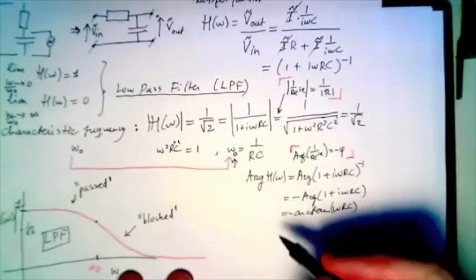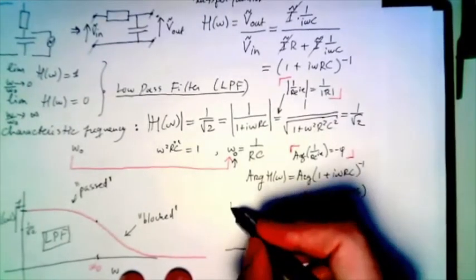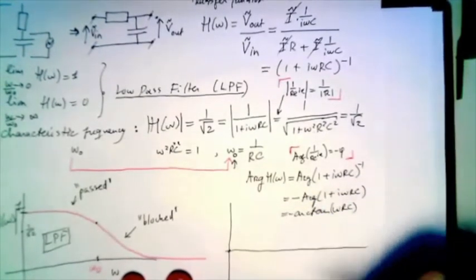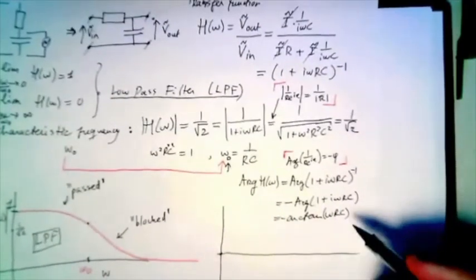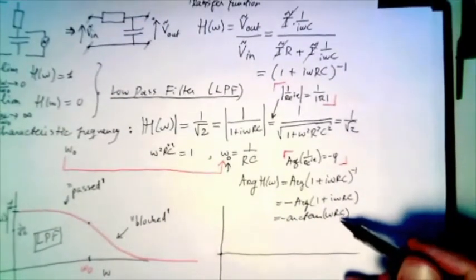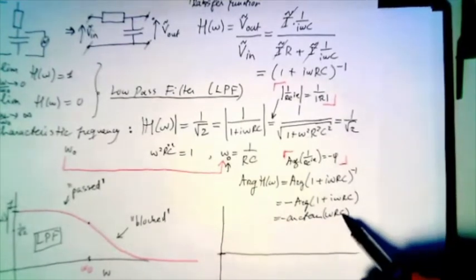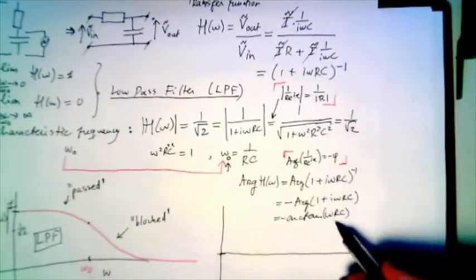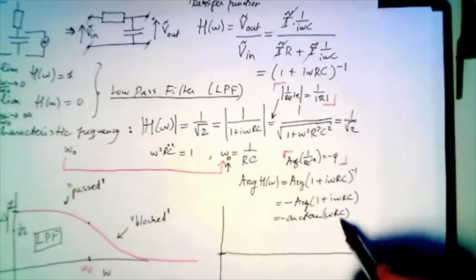Okay, so it starts off here. So arctangent, it's always negative. At low frequencies, it's 0. Then when you are at the critical frequency, it's the arctangent of 1. So arctangent of 1 is, I believe, pi over 2.